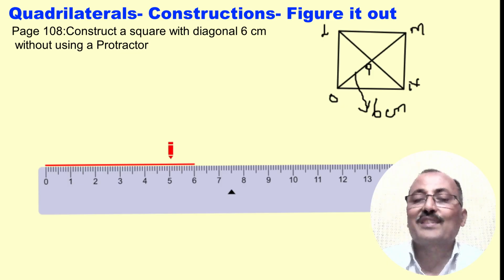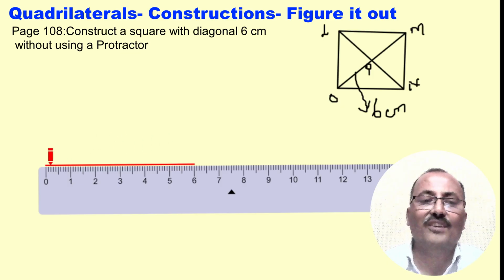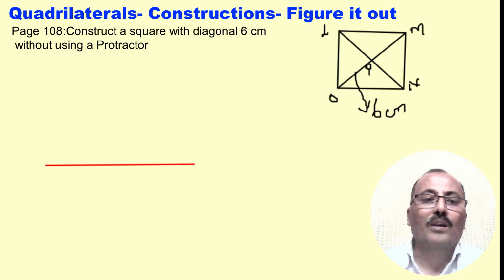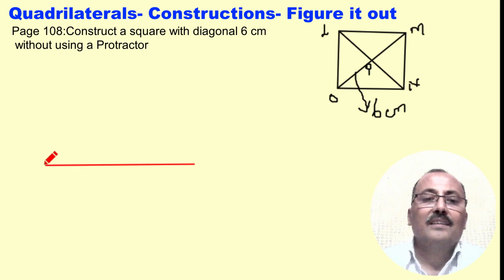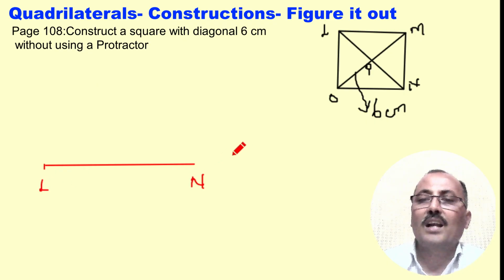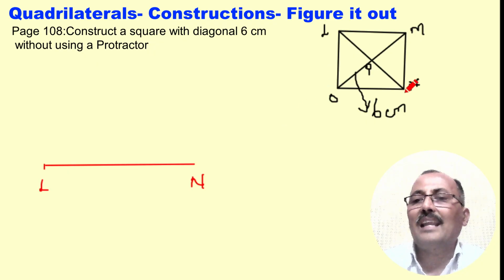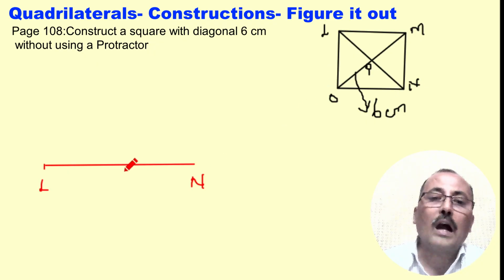These are called steps of construction, so be thorough with that also. Next, name this one LN. You can't name it LM, because L and N are here. O we have to find out.